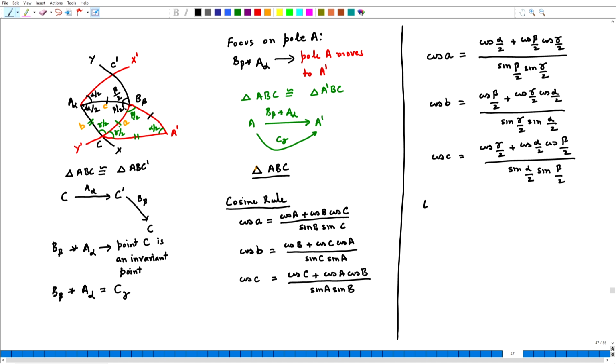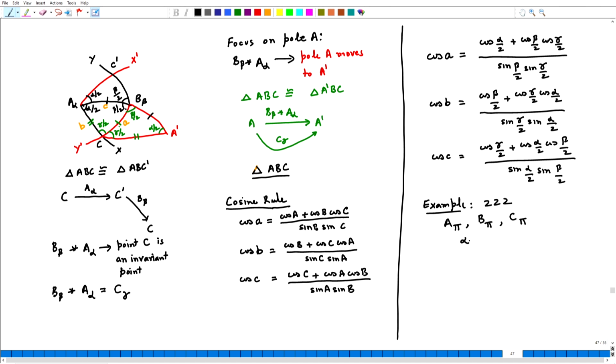So, our first example is the combination of the axes 2, 2, 2. Clearly, I have rotation of pi about A, rotation of pi about B, and a rotation of pi about the C axis. From the cosine rule, we can clearly see that when I substitute.